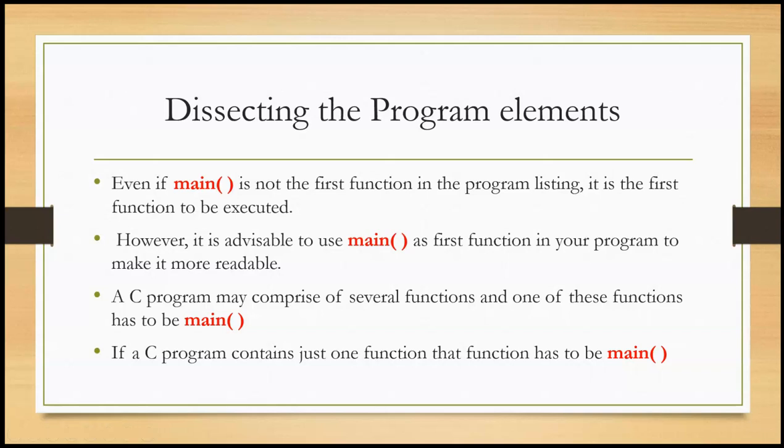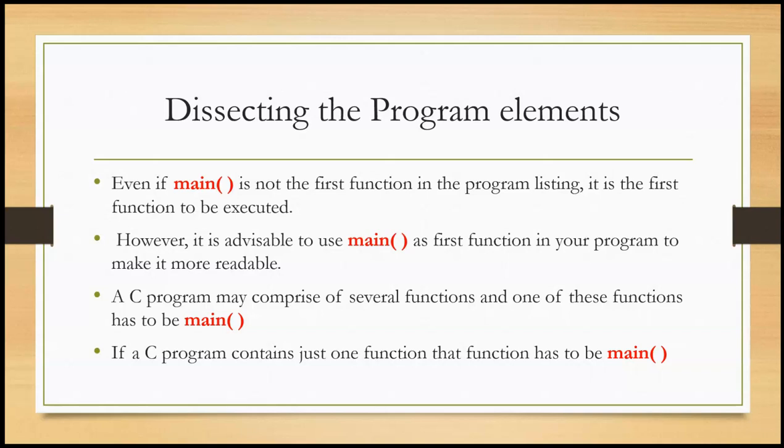Even if main is not the first function in the program listing, it is the first function to be executed. However, it is a convention to use main as the first function in your program to make it more readable. I therefore advise you to stick to the custom of using main as the first function in your program.